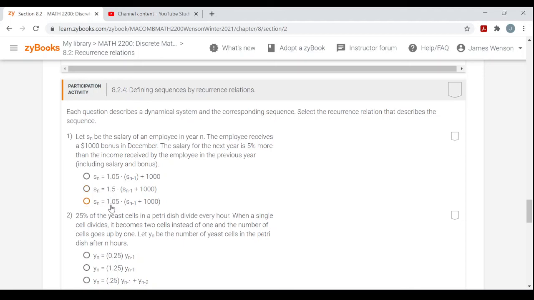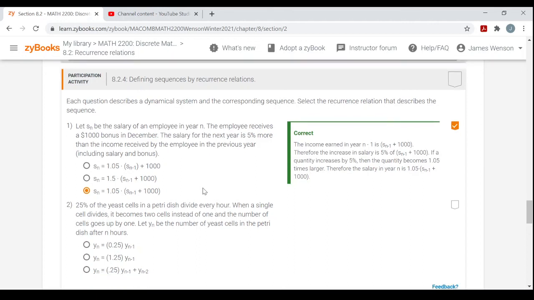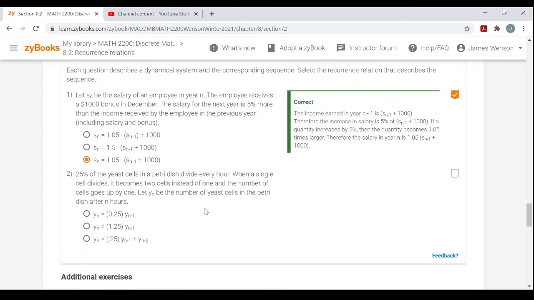So it's got to be this one, right? See 1.05. The salary in year n is 1.05, 5% more than the salary last year, year n minus 1, plus 1,000. And you see how they did that in parentheses. See, they added the bonus to it first and then added the 5% more. That's exactly what's being described up here. So just pay attention to how this is worded, and I'll let you look at the second one.